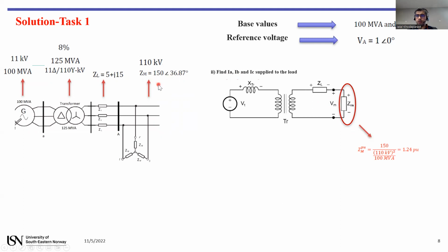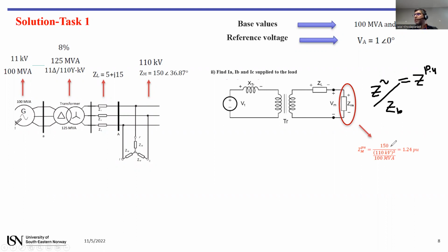However, it is in ohm, and you have to convert it to per unit. You know how to convert an impedance to per unit. If you have an impedance in ohm, and divide by Z base, you can calculate the impedance in per unit.